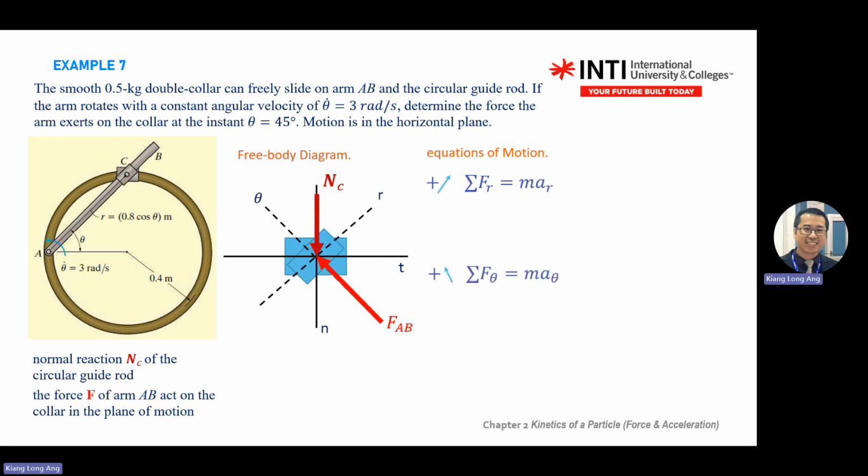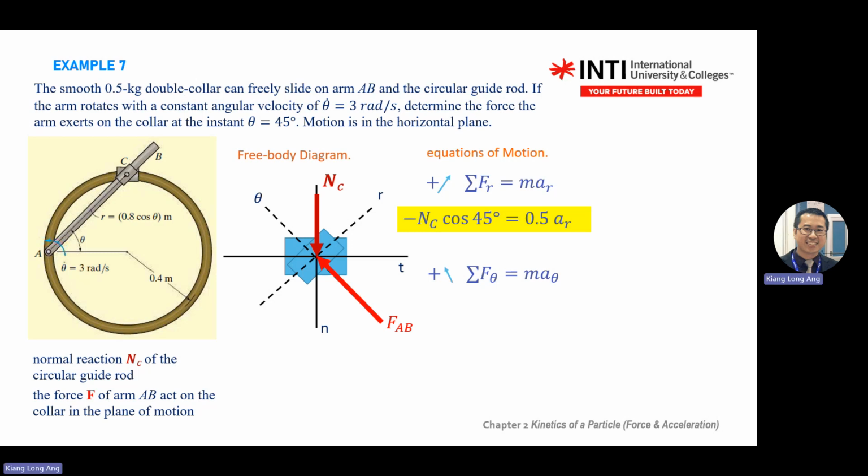In the radial coordinate, you deal with r and theta. Fr equal to m ar. So in the r direction there's an angle, so N_C cos theta. You can split this way and this way. Your r goes up positive, but if you split N_C, it points opposite to your r, so that's why you get negative.